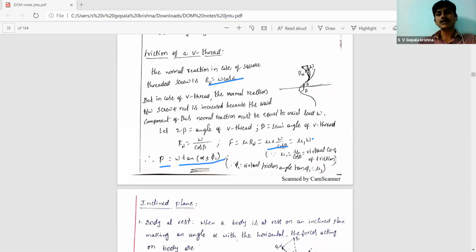But here, when we take the V thread point of view, it is W tan alpha plus or minus phi1. Phi1 will indicate the virtual angle of friction. Similarly, mu1 is also taken as the virtual coefficient of friction. Similarly, they may take phi1 also the same. So this is the V thread force value, and our frictional force values are given here. So that is the very simple derivation part here.